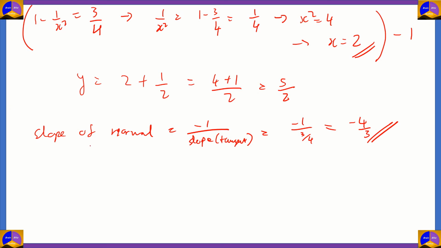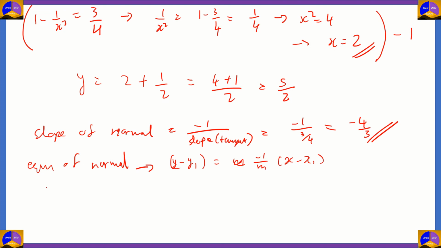This is the slope of the normal. And now we need to use the equation of the normal. The general equation is y minus y1 is equal to minus 1 by m times x minus x1. Minus 1 by m is the slope of the normal.